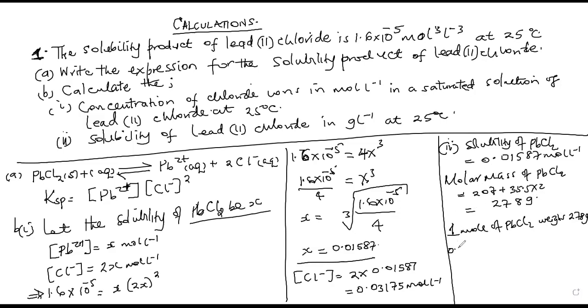So 0.01587 moles will weigh 278 times 0.01587 grams, and you're going to get your answer in grams per liter as 4.41186 grams per liter.